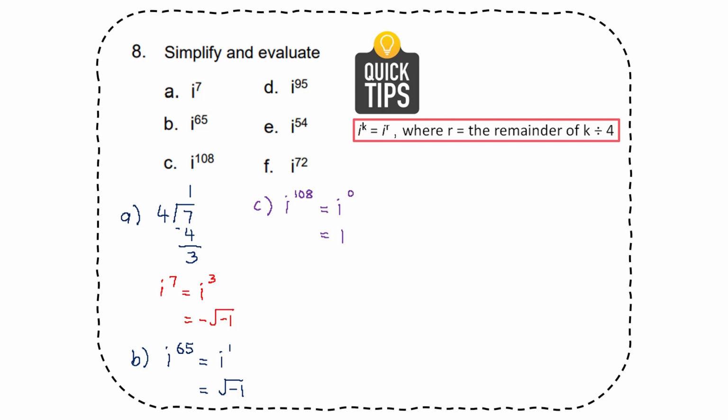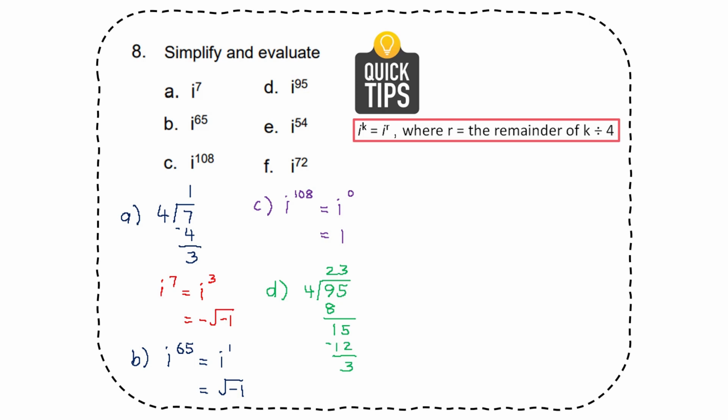For the next question, question D, when we divide 95 divided by 4, we have here 2, 8, 1, 5, and then we have 3 here, so 12, and we get the remainder of 3.